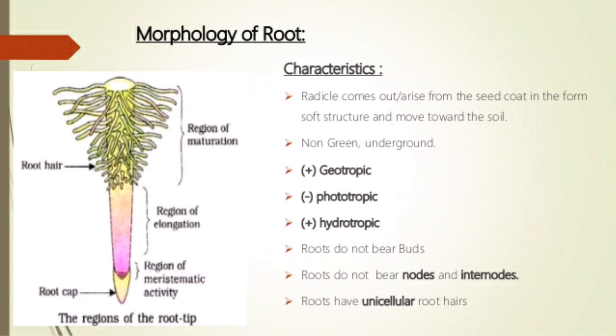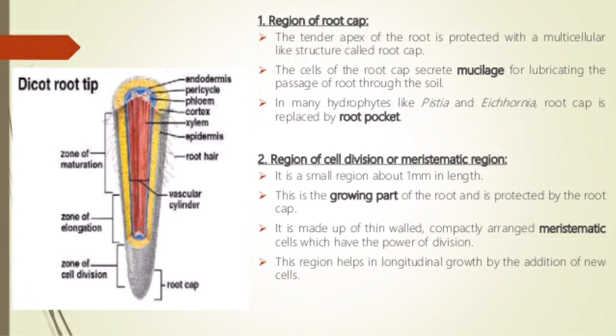See the different regions of the root. 4 regions are shown in the figure: root cap, region of meristematic activity, region of elongation, then region of maturation, where the root hairs are there. Region of root cap.